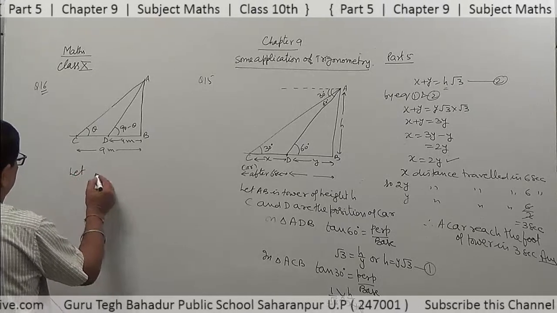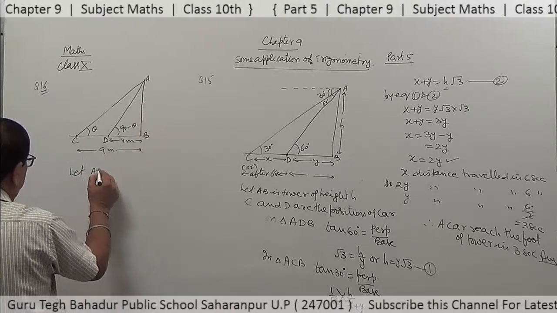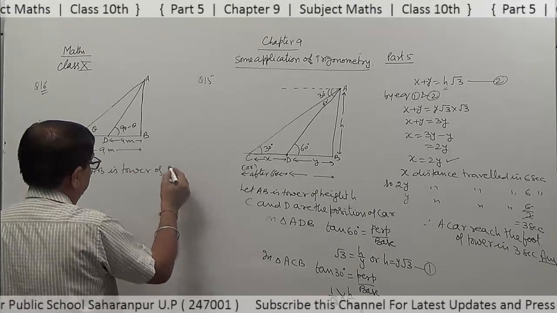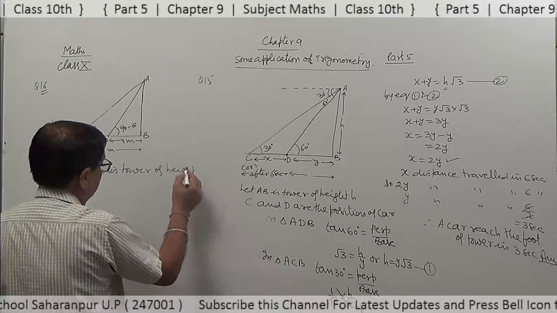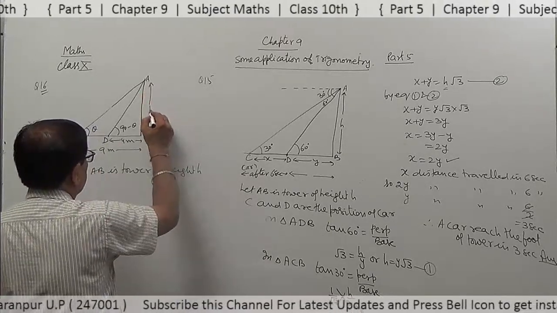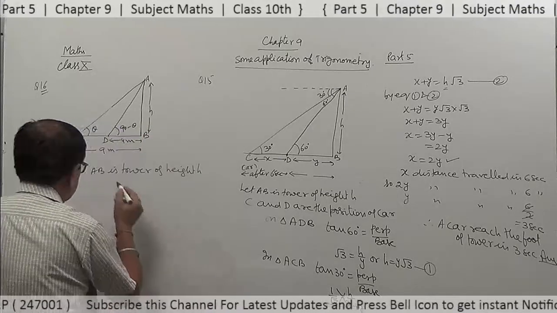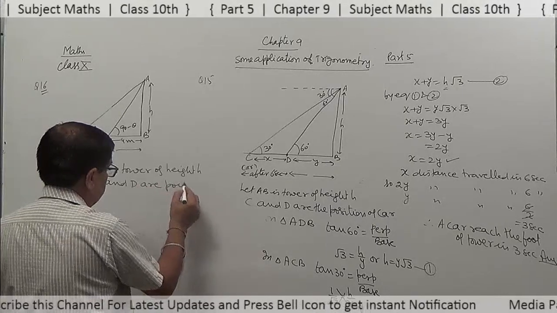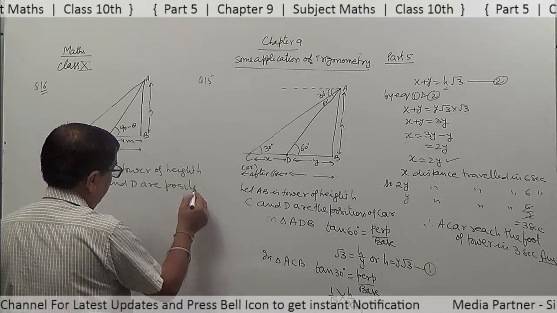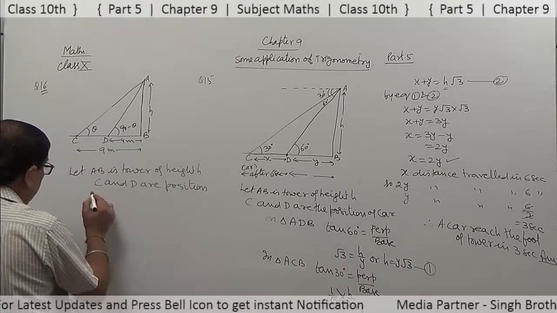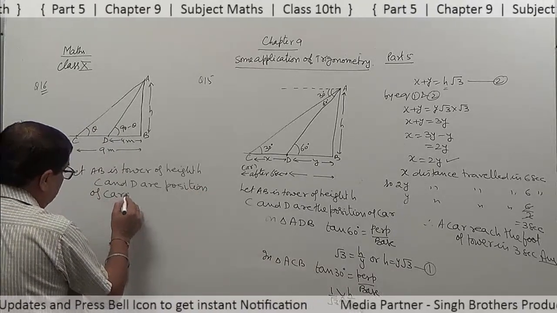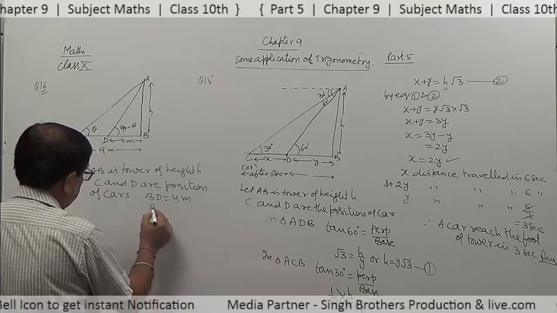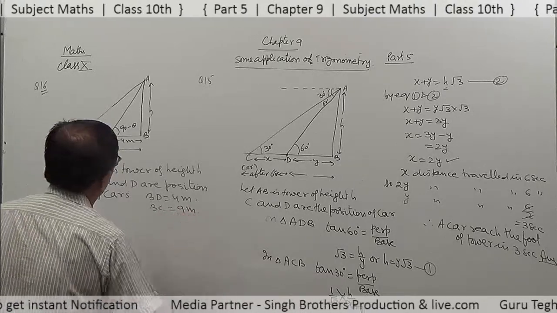Let AB be the tower of height h, C and D are the positions of the points, BD is equal to 4 meters, BC is equal to 9 meters.